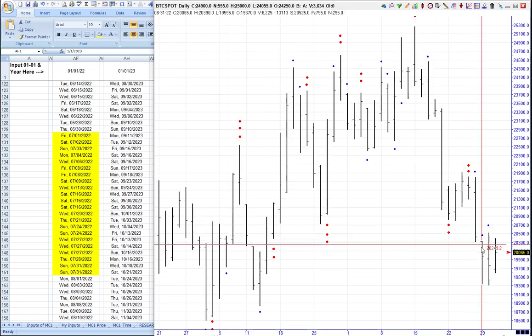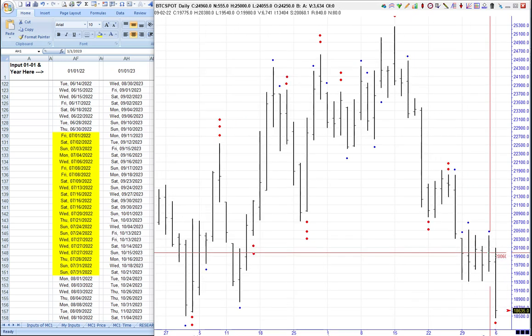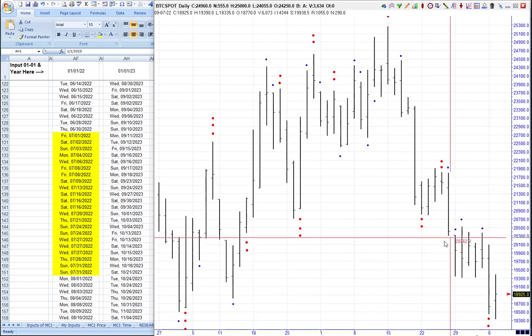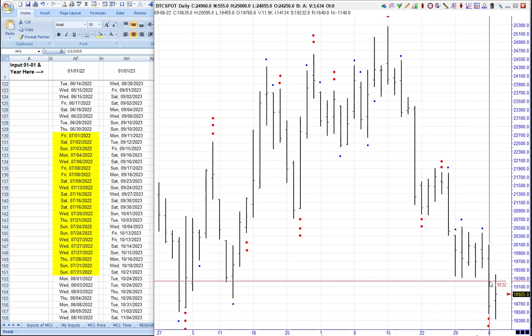So we had a couple timing in here and another new low after a pennant, right? Chart patterns, if you're that kind of trader. We did have a couple in here, right?